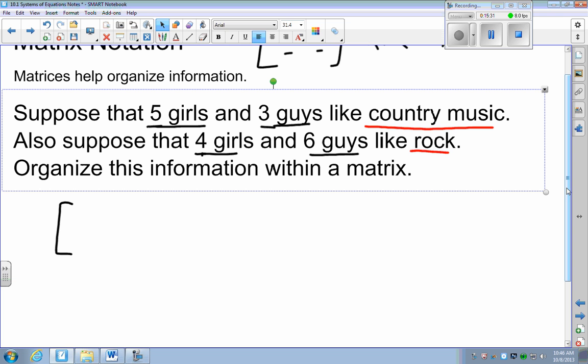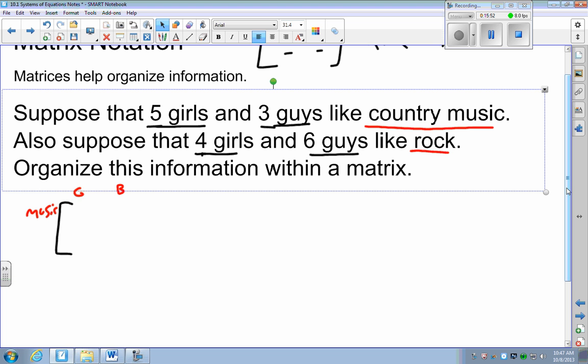Each row will represent music, and each column is going to represent girls or guys. So the first column will represent girls, and the second column will represent boys.